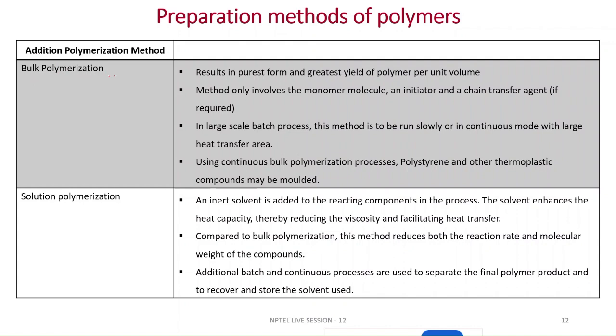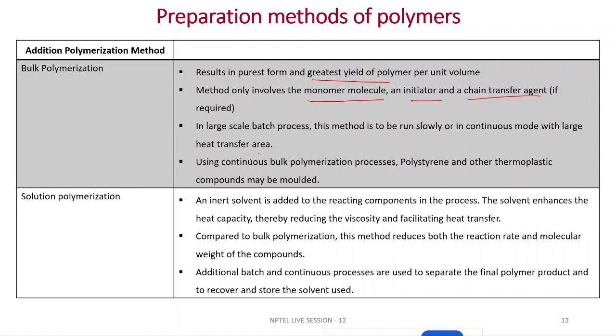First type is bulk polymerization. What are the characteristics? It results in the purest form and greatest yield of the polymer per unit volume. Also, the bulk polymerization method only involves the monomer molecule, an initiator, and a chain transfer agent.